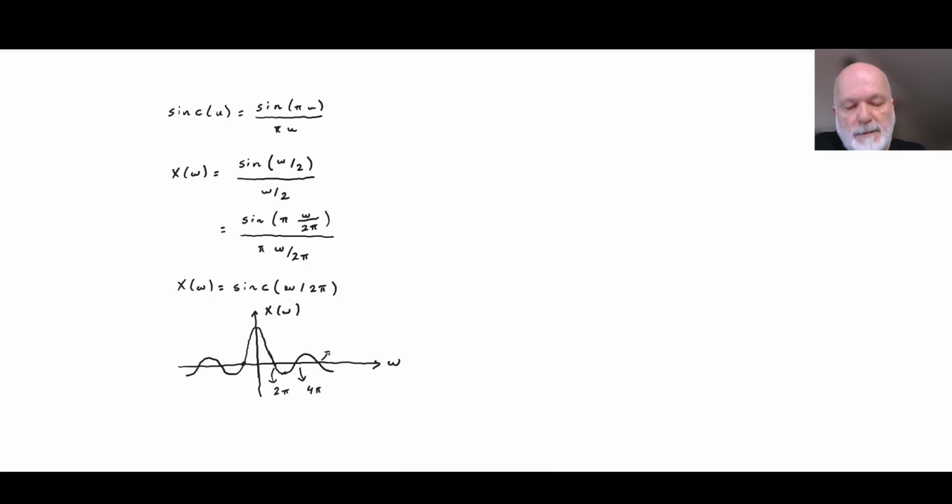And this one is 6 pi, etc. So on the negative axis, we have minus 2 pi, minus 4 pi, etc. So these are the zero crossings of the sinc function.